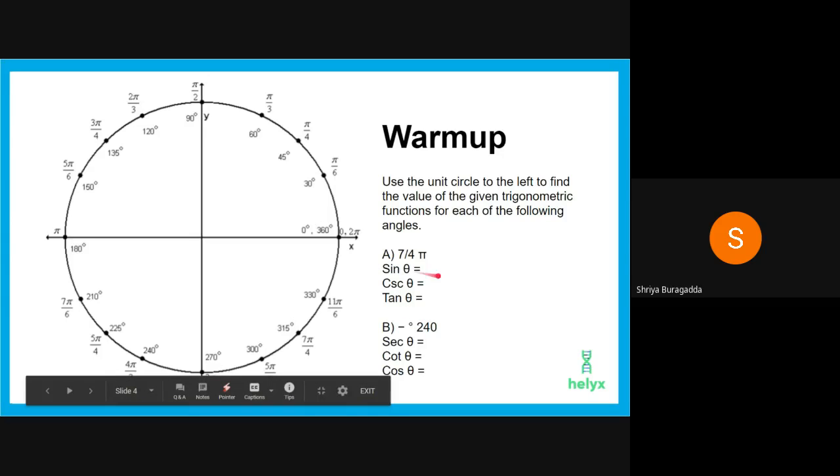So 7 over 4 pi, it's right here, just 315 degrees.